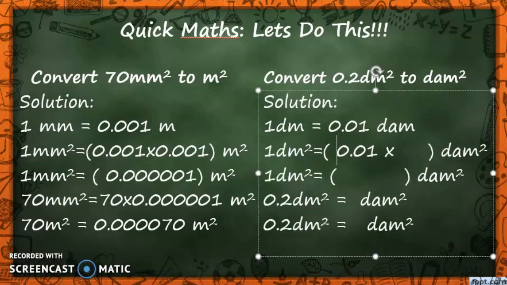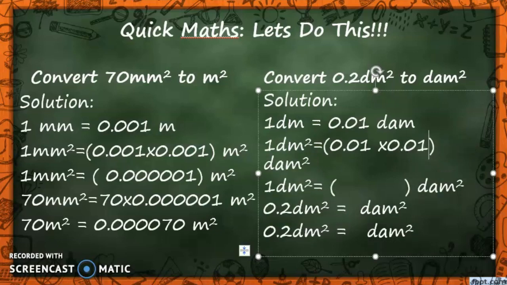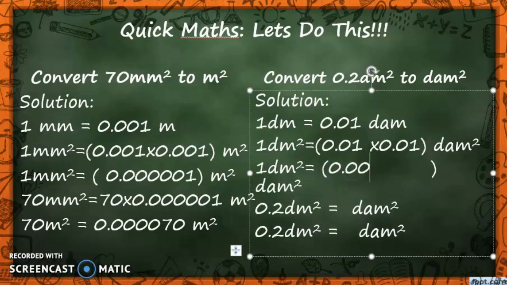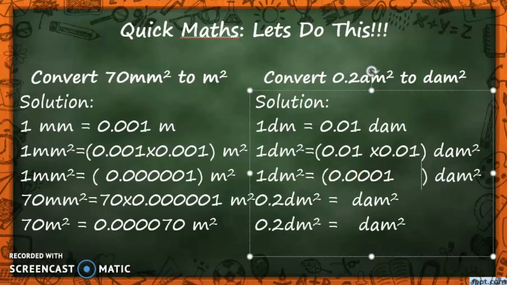Alright, so after squaring it, we will get 0.0001. So knowing that we are moving from 0.2, we have to multiply it by 0.2.